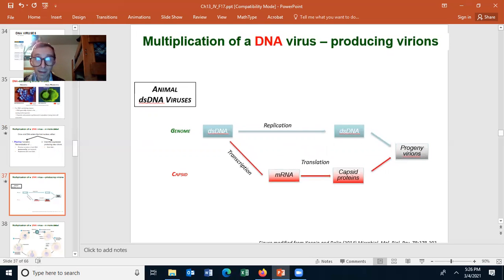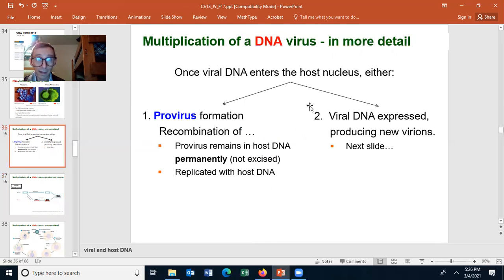But another thing can happen when the DNA enters the cell. The DNA can integrate into the host chromosome. So it can recombine with the host cell's DNA, and then the chromosome, or at least one of the chromosomes, will have a chunk of viral DNA in it.